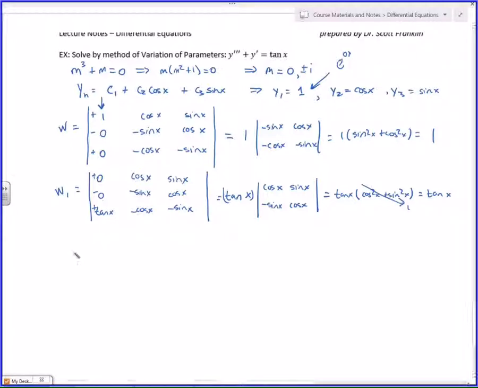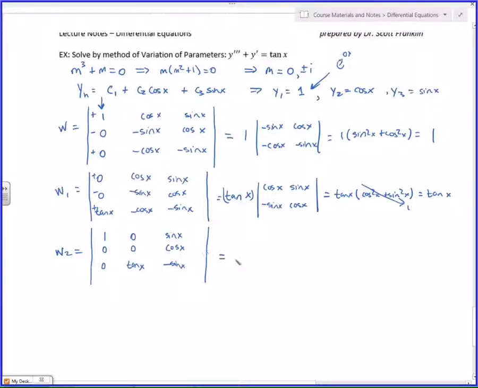W2. 0, 0, tangent of x. And then sine x, cosine x, negative sine x.